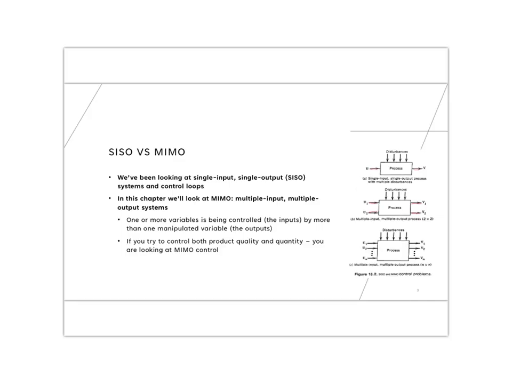And I don't have to have the same number of inputs and number of outputs. So lots of ways we can have a multiple input, multiple output problem. And most of our control systems have this strong tendency to be MIMO problems. You're looking, for instance, at your product quality and the product quantity. That's two different things that you're trying to control.